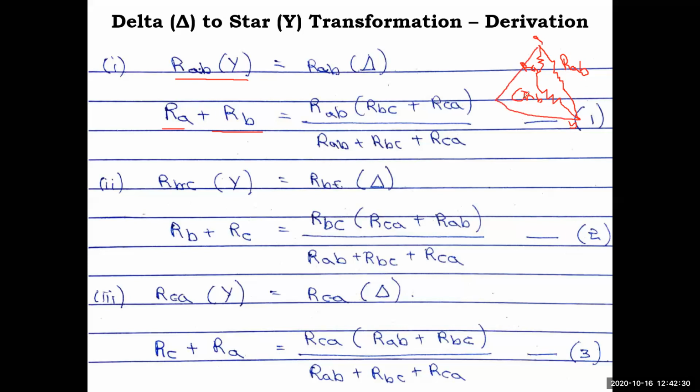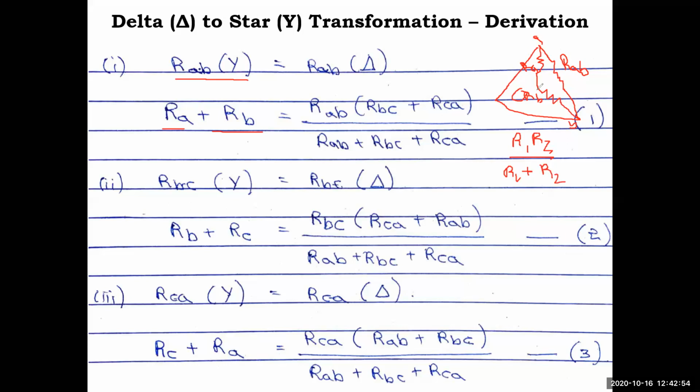These two in series connection are in parallel with RAB, that's why RAB into RBC plus RCA. You know that for parallel resistance, if you have only two resistances, the formula is R1 into R2 by R1 plus R2, right? I hope you are getting what I am explaining.